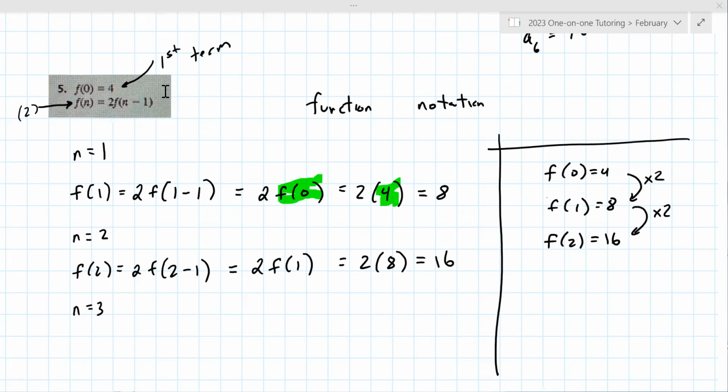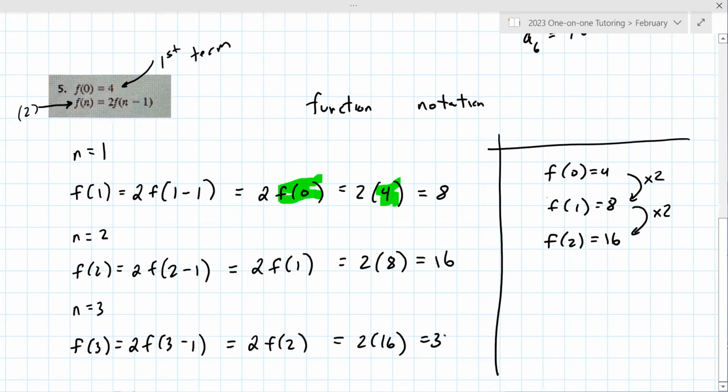Okay. I'm just writing one more thing down. I'm going to write out one more of these before we say we've got the pattern down, because you don't want to write the formula every time if you don't have to. You want to almost do it in words. Double the previous one, double the previous one, double, double.